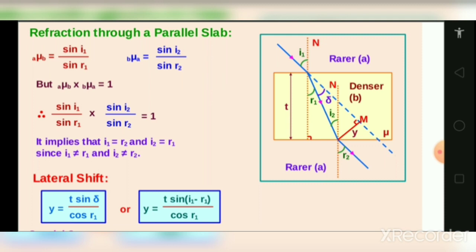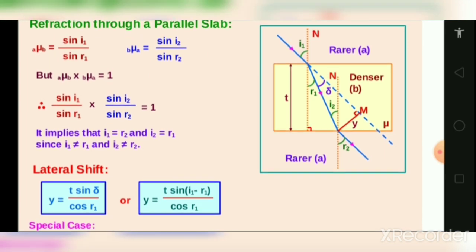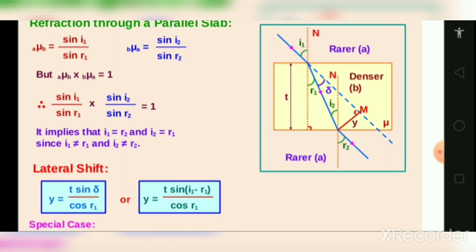In other words, you can say that n21 is equal to v1 upon v2, that is 1 upon n21 is equal to v2 upon v1 is equal to n12. So at last you can say that n21 multiplied by n12 is 1.